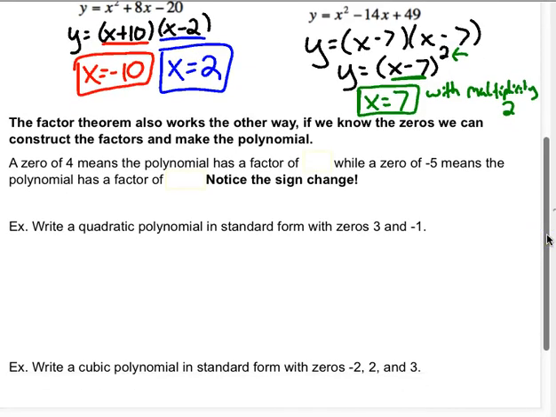So what I want you to notice is, if I have a solution or a 0 of 4, that means the factor that created it had to be x minus 4. If I have a solution of negative 5, that means a factor of x plus 5 is what created it.